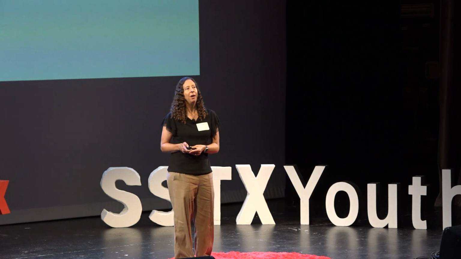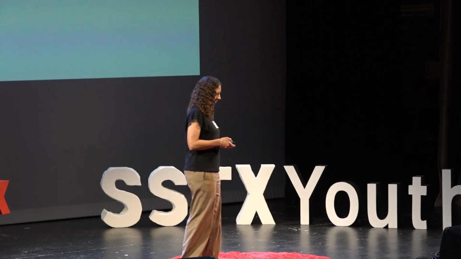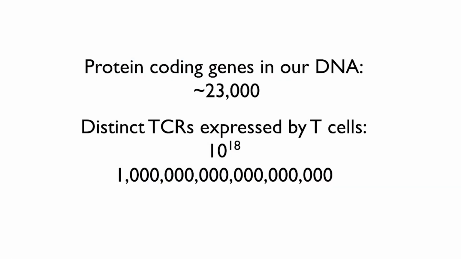Okay, so is that really enough to make all the different T cell receptors out there? No. In fact, the number of different T cell receptors that can be generated by one individual is on the order of 10 to the 18th different T cell receptors. So that's a really big number, right?